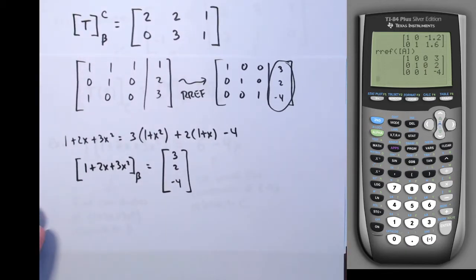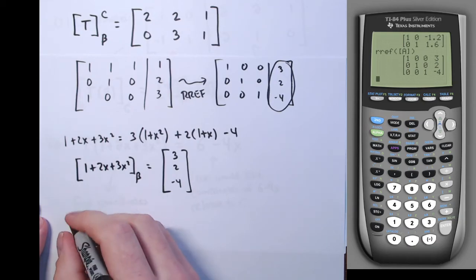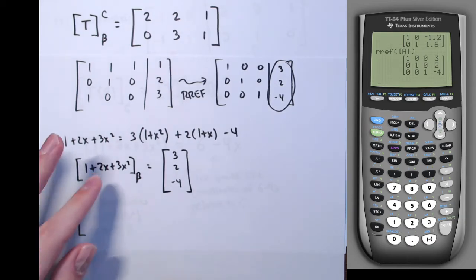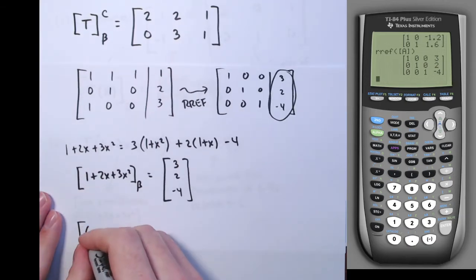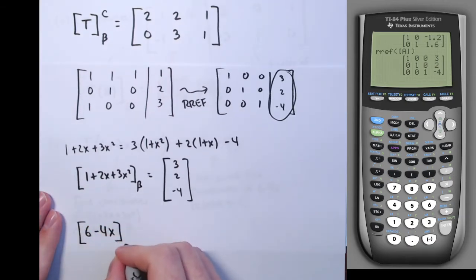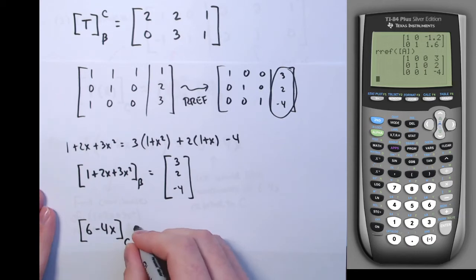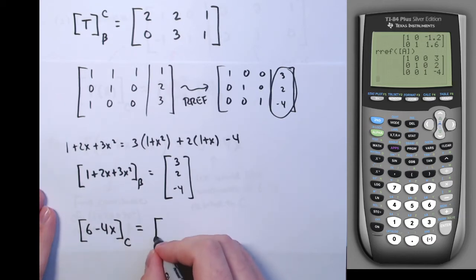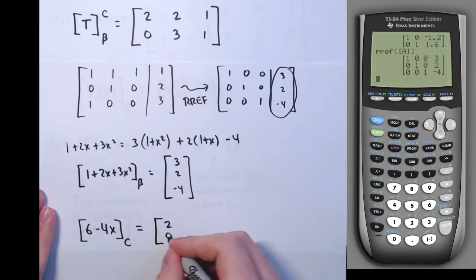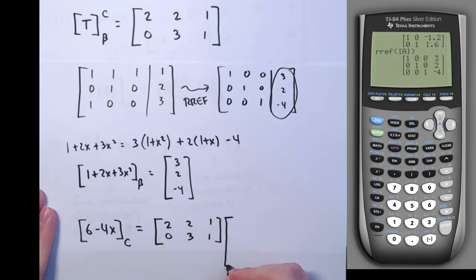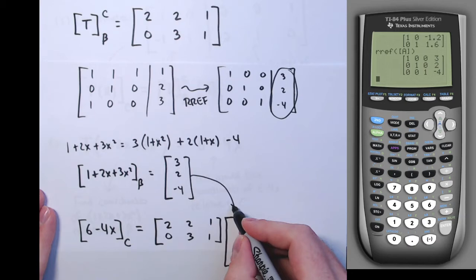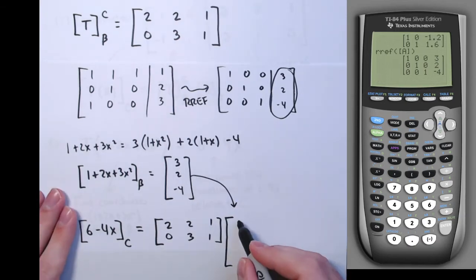And I'm going to multiply this by our matrix representation, right, by this guy here. And that'll give me the coordinates of the output, right? So the coordinates of the output, right, the output was 6 minus 4x. The coordinates of 6 minus 4x relative to C, I could find now this way, by taking my matrix representation, 2, 0, 2, 3, 1, 1, and multiplying it by the coordinates of the input relative to B, right, which I have here, 3, 2, negative 4.